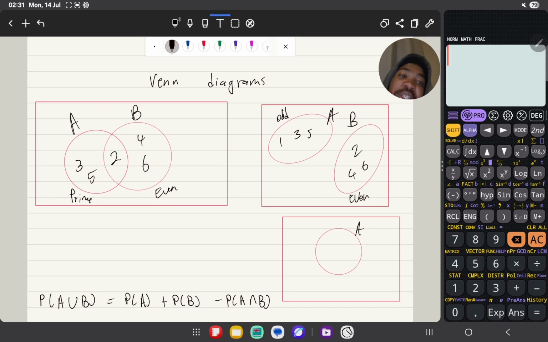Here's what's happening. Both sets have one number in common, and that is 2. 2 is both a prime number and an even number at the same time.